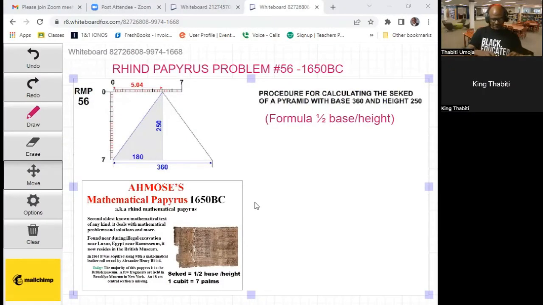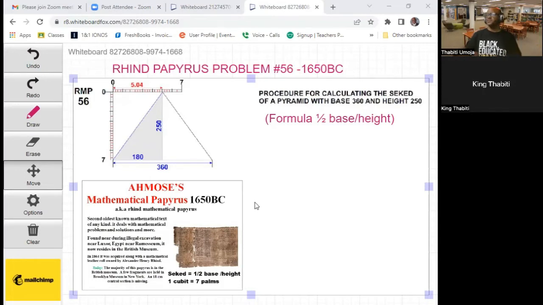Before we solve this problem with the Giza Great Pyramid, I want to first do a problem from one of the oldest mathematical documents that we have, the Rhind Mathematical Papyrus. It was dated back to 1650 BC, and this is problem 56. As you can see in the diagram to the left, it shows a right angle pyramid, and we want to find out two things.